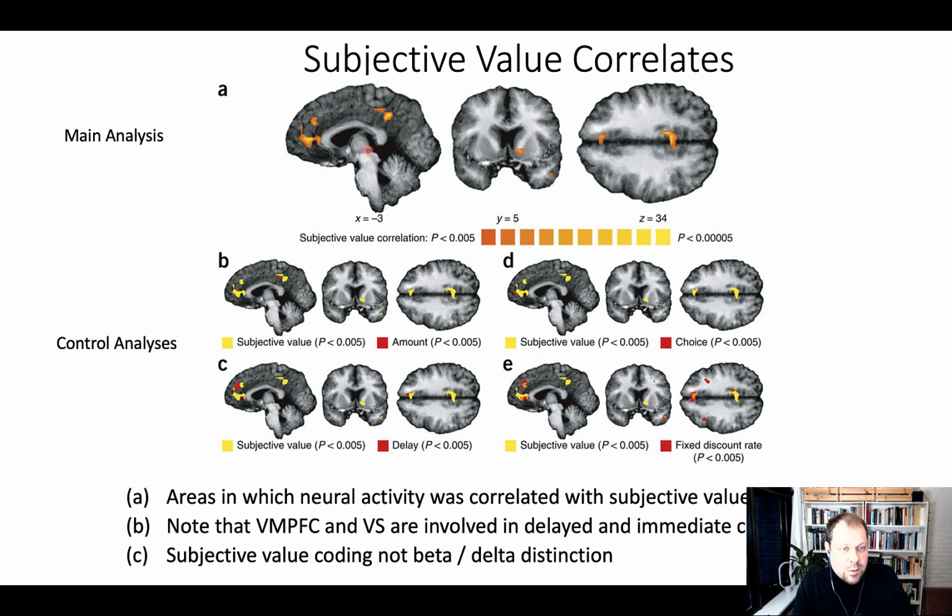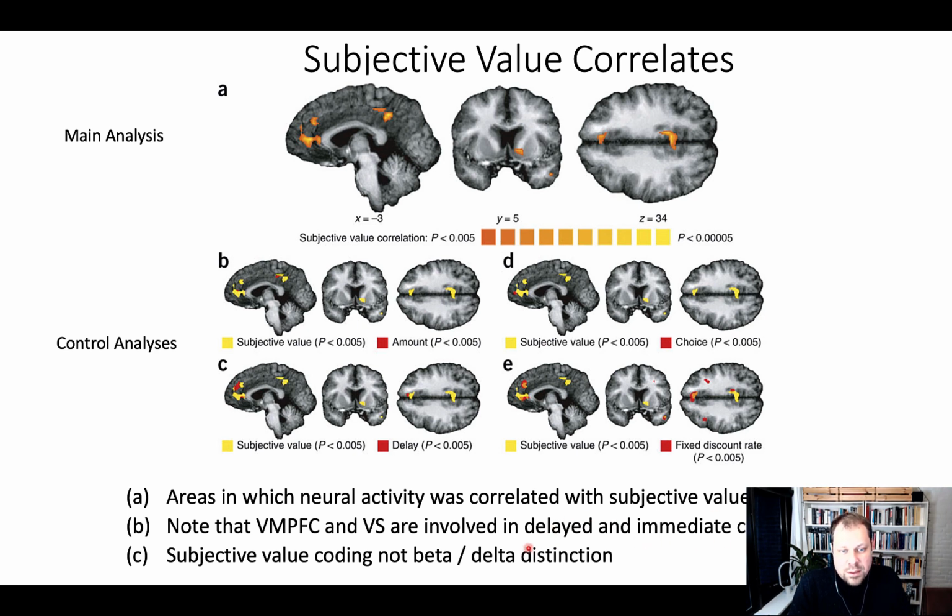And what the authors find here is that there's activity in ventromedial prefrontal cortex, posterior cingulate cortex, as well as ventral striatum, that tracks the subjective value on each trial. And the subjective value here is based on the discounting models that are computed from the behavioral data. So there's basically VMPFC and ventral striatum, and these results are involved in delayed and immediate choices.